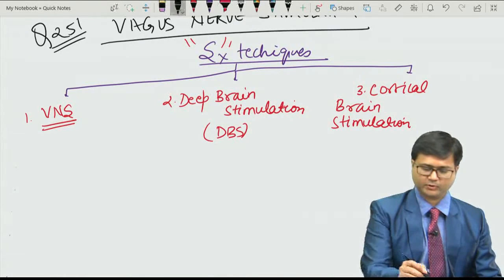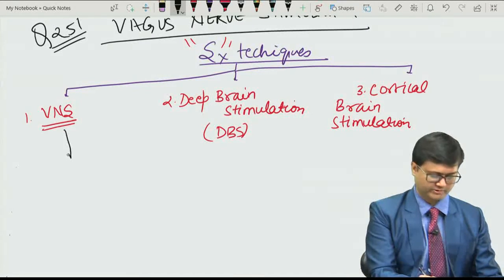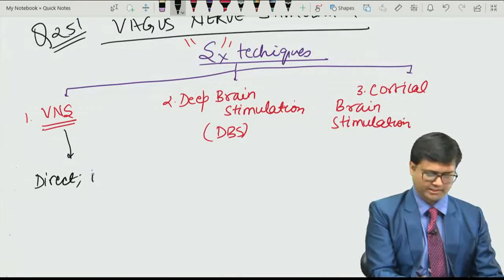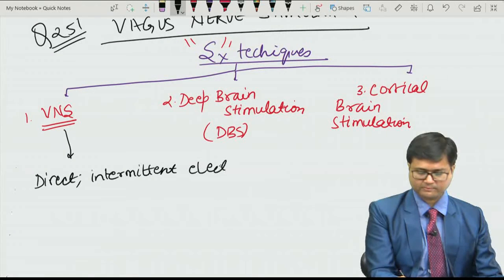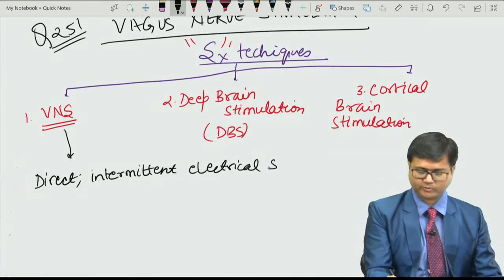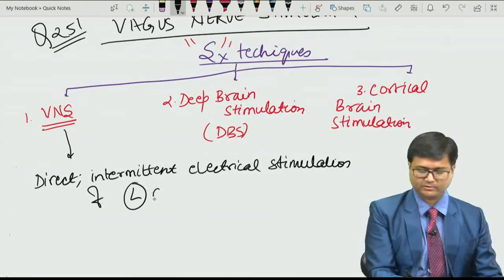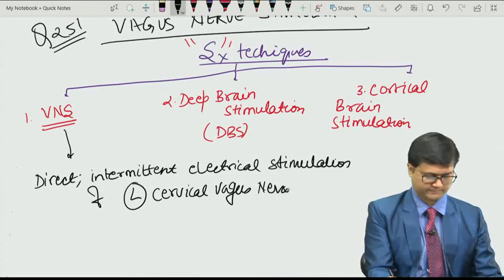Now let us discuss the vagus nerve stimulation. It is the direct, intermittent electrical stimulation of the left cervical vagus nerve.